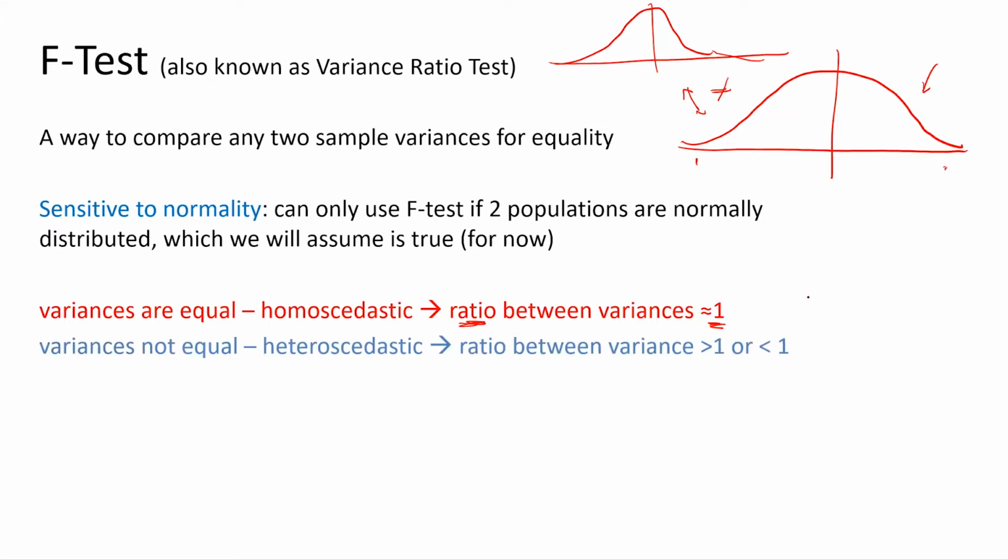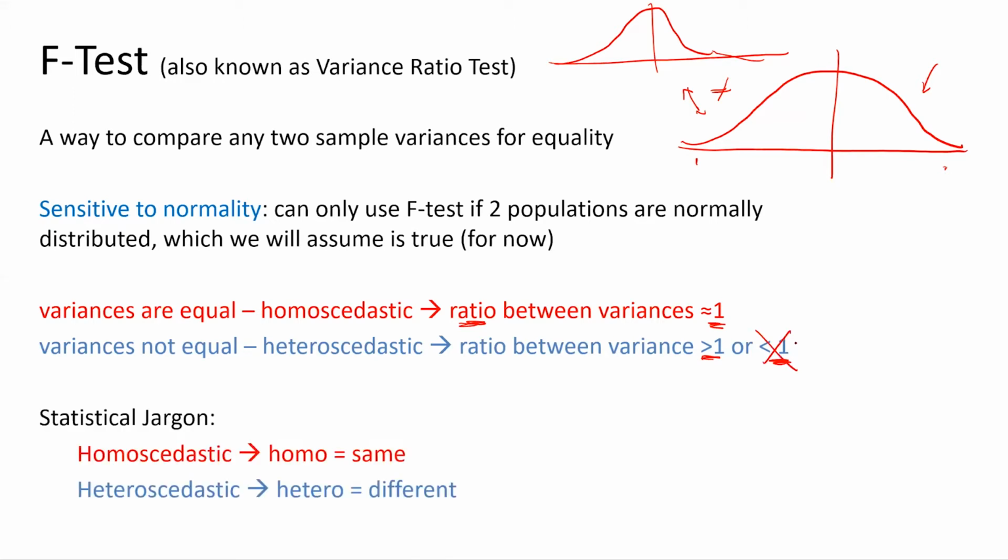We can also find that variances are not equal, in which case we would run a heteroscedastic t-test. So the ratio is therefore bigger than or less than 1, but pretty much just bigger than for reasons that I'll explain in a moment. So homoscedastic is just a really fancy statistics way of saying same variances. Homo means same. Heteroscedastic is a fancy way of saying different variances. Hetero means different.